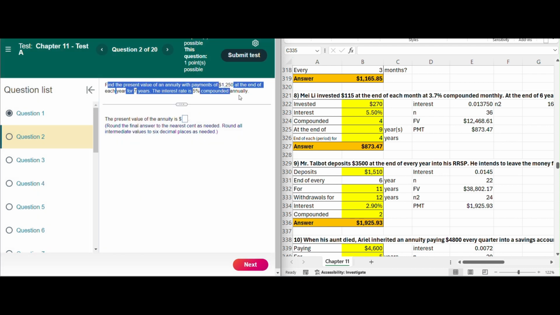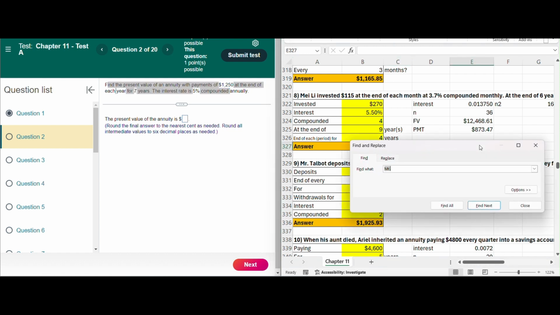Okay, let's do the second one. I am showing you how to find the answer that we are going to need for solving the next question.